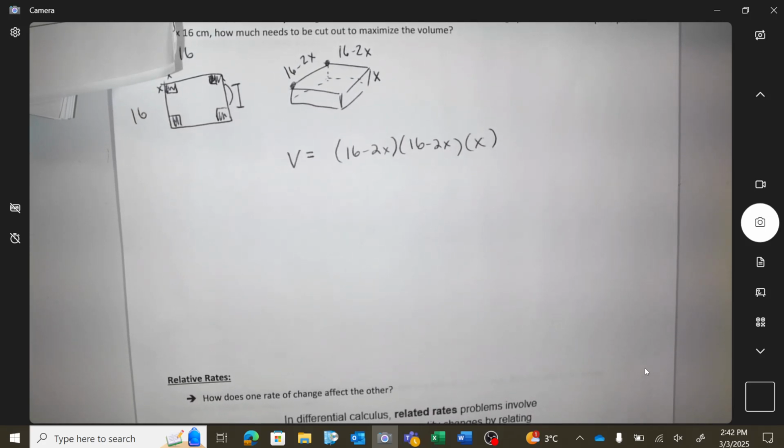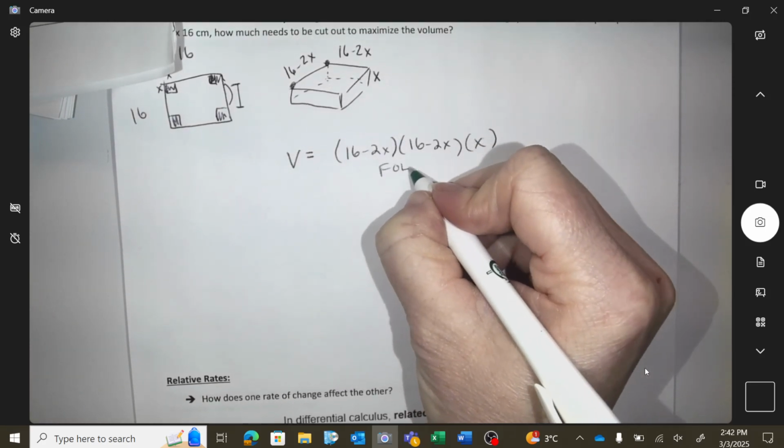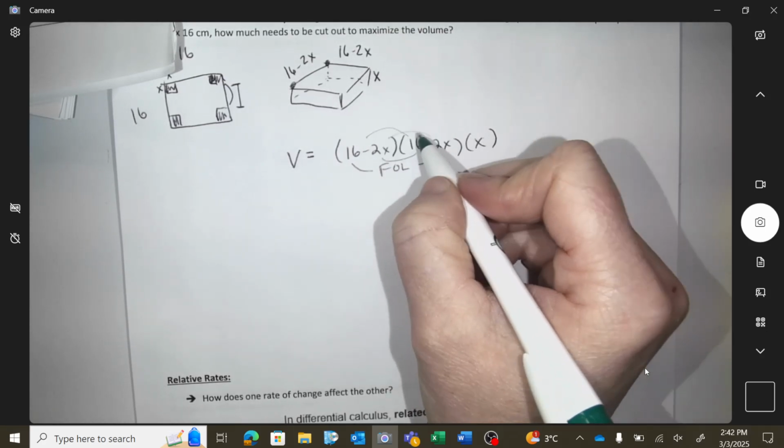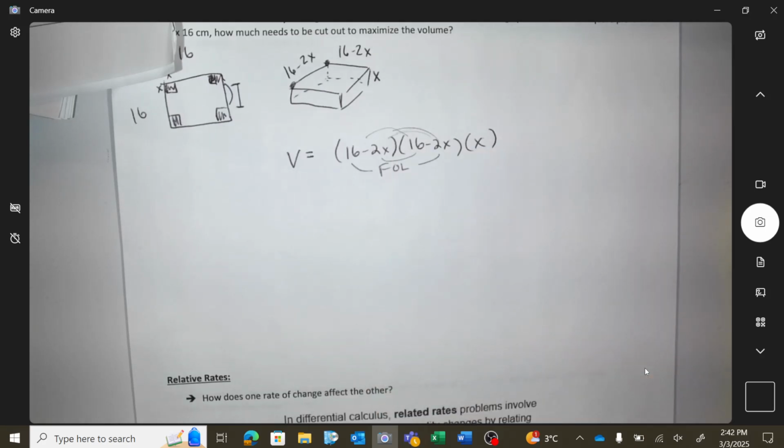Okay, we are going to FOIL this little chunk here. Give me that.